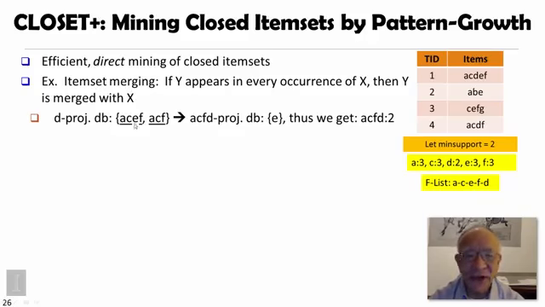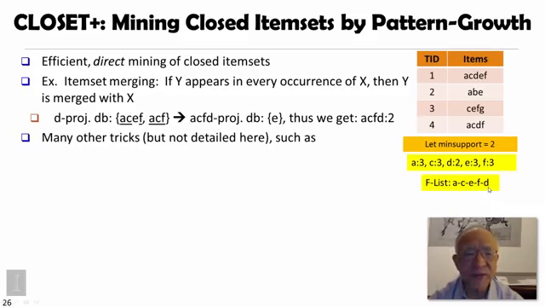The philosophy can be represented using this example. Let's look at these projected databases. For these projected databases, we will have ACF, EF, and ACF based on this. You can see this projected database will get ACEF and ACF.